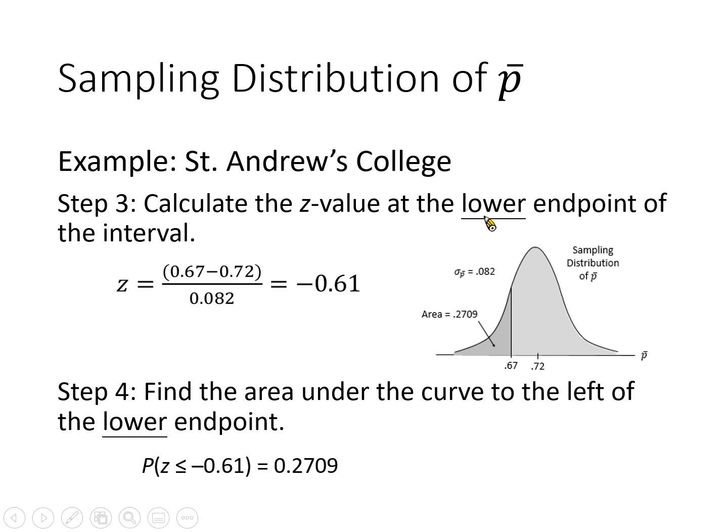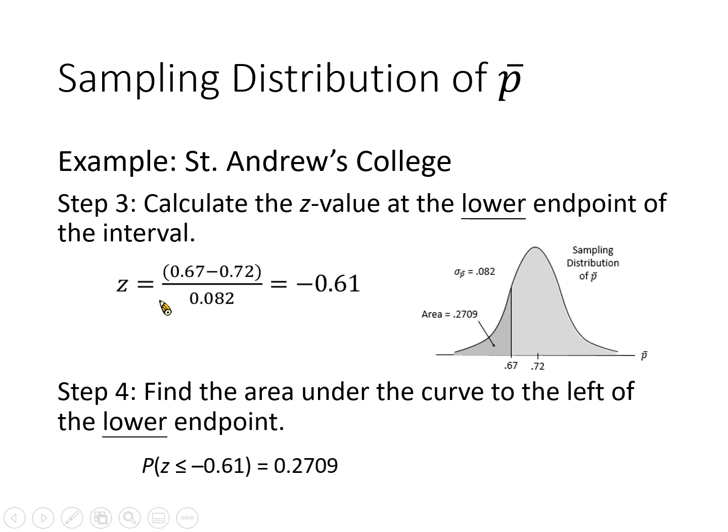Then you need to calculate the lower endpoint of the interval, because the interval is plus and minus 0.05. The mean is 0.62, and adding or subtracting 0.05 gives the upper limit and the lower endpoint.